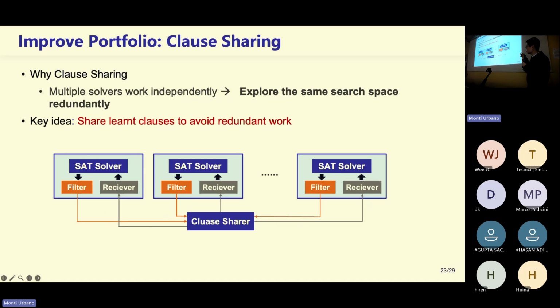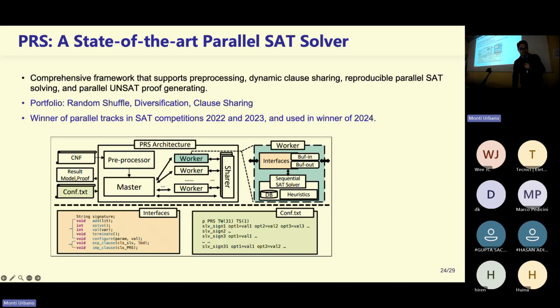Every solver also contributes to this clause database and also gets access to this database to find out some experience. And this can accelerate the portfolio's performance. And by combining that together, we designed a parallel SAT solver called PRS, and that is the winner of the parallel track in the SAT competition 2020, 2022 and 23, and also a similar idea in 24.